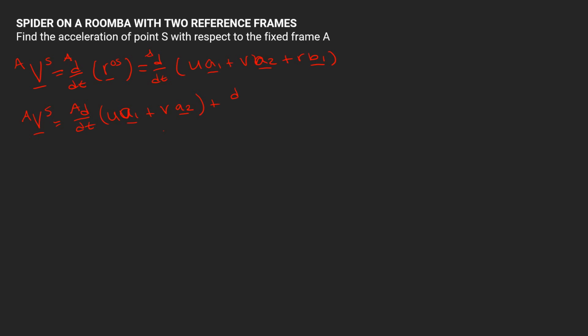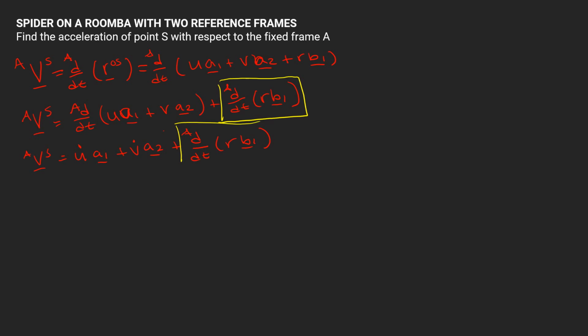However, if we take the time derivative of RB1 in frame A, this is not straightforward. So just to flesh out what we can, we now have U dot A1 plus V dot A2 plus our troubling term here. I'll just highlight it again.